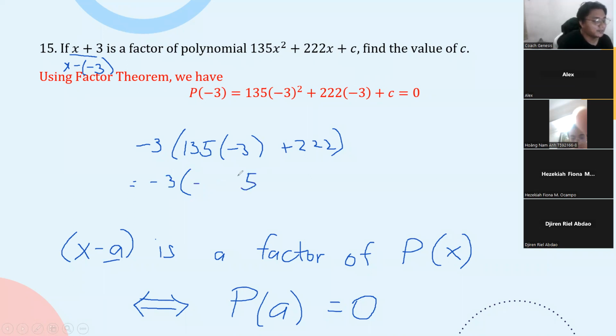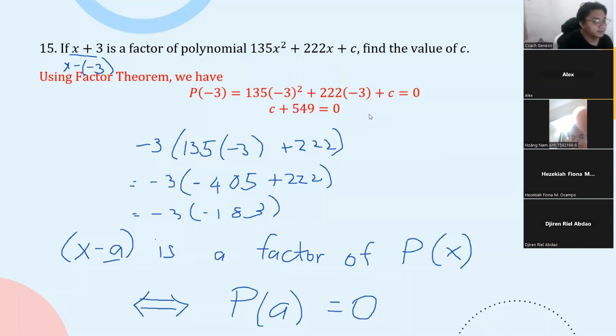That is just -405 plus 222. So that will just be -3 multiplied to -405 plus 222. So that is -183 times -3. So that is 549. So that is why you have c plus 549 is equal to 0.